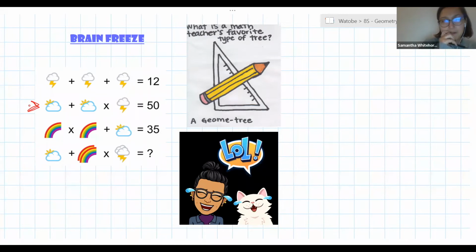And I think I got it wrong because after the two clouds, I thought it was another addition sign, but it was a multiplication sign. I only see it now. I thought if I added 4 to that 46, it would be 50. Okay, well done on picking that up, Naledi. Yeah, that's good.